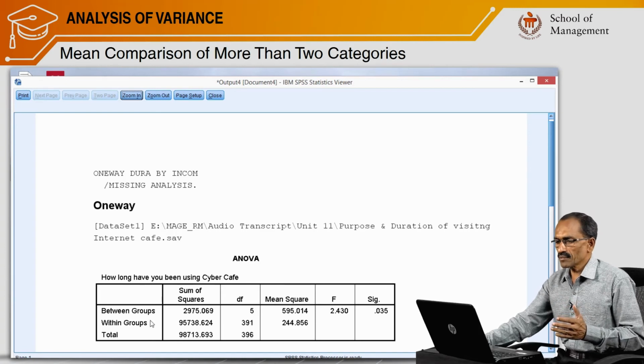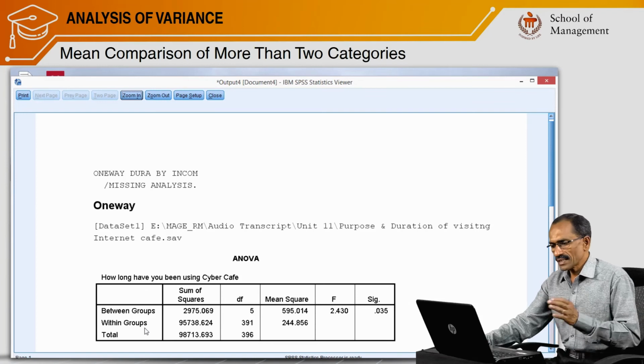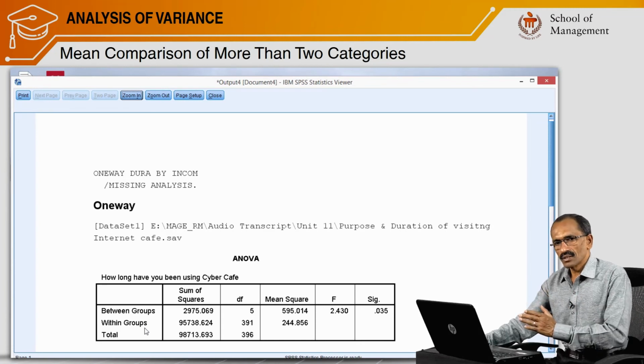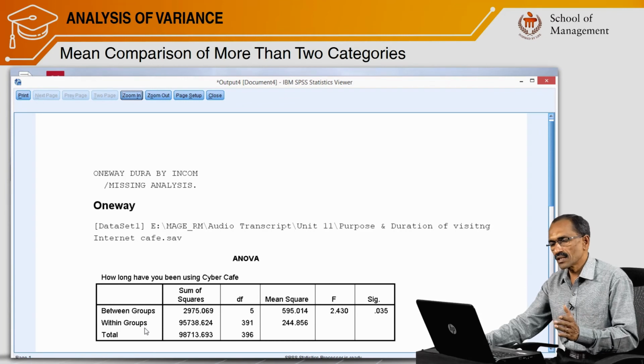There may be two terminologies, like between group and within group. Between group means the differences across the groups, which here means the 6 groups. And within group means the difference within a group. For example, let's say 10 employees in a company can be grouped into 3 categories. In the first group there are 4, the second group 4, and the third group 2.